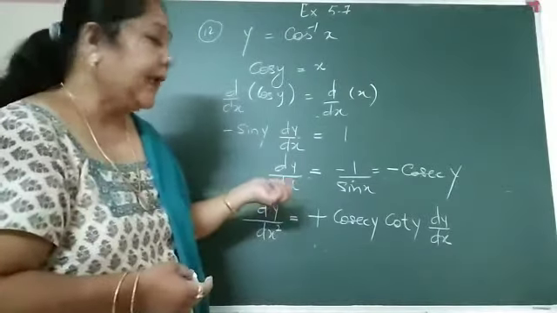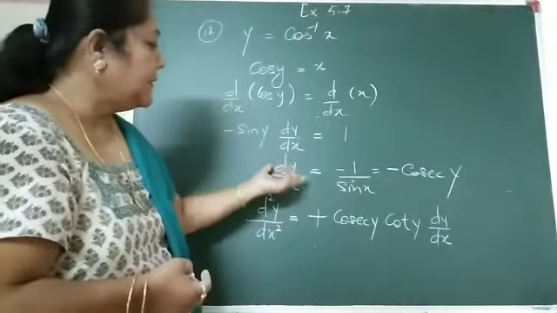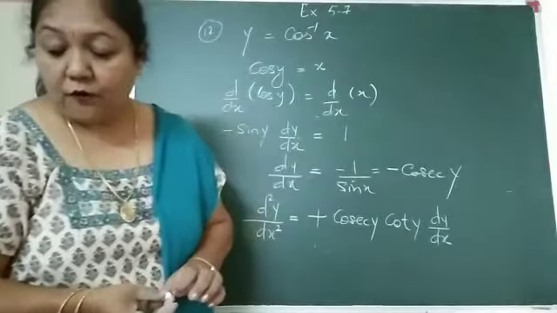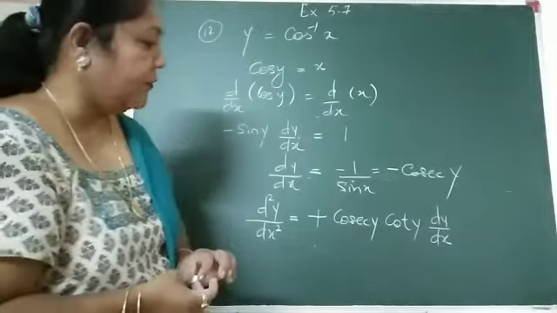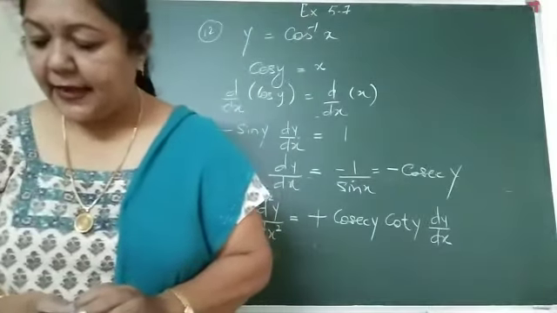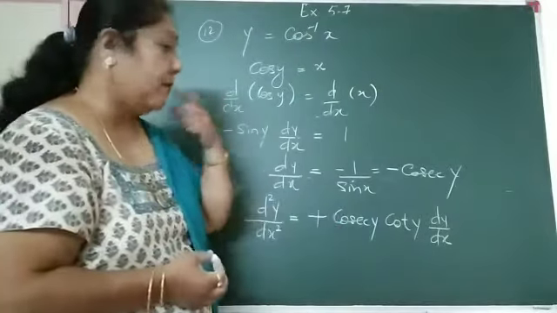Now I can see from here that this dy by dx was minus cosec of y. I can write it as this minus cosec y.